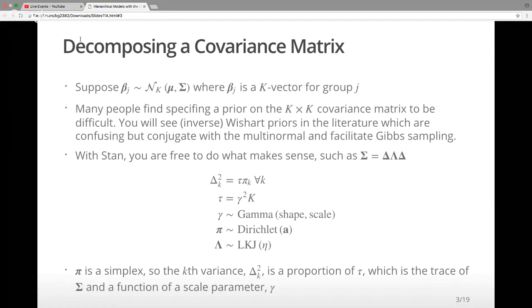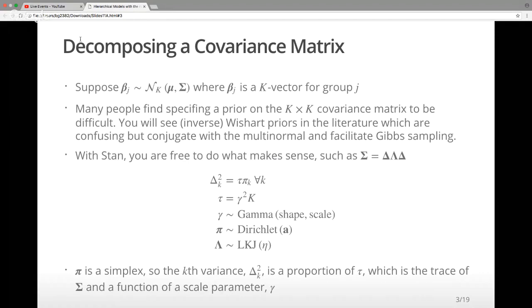When you look at the earlier Bayesian literature on these hierarchical models, you'll see a whole lot of so-called inverse Wishart priors being specified, which has got to be one of the more confusing distributions out there, maybe except for the negative binomial. But the inverse Wishart distribution is conjugate with the multivariate normal.